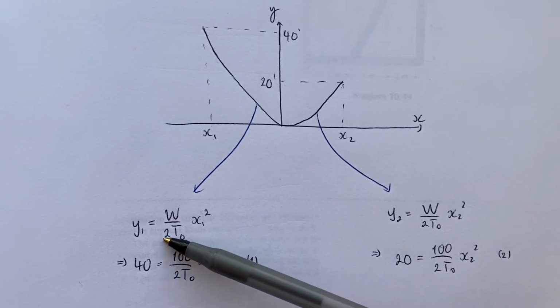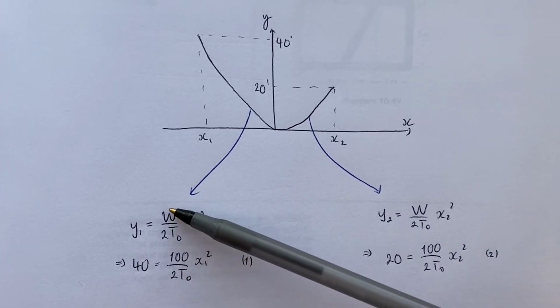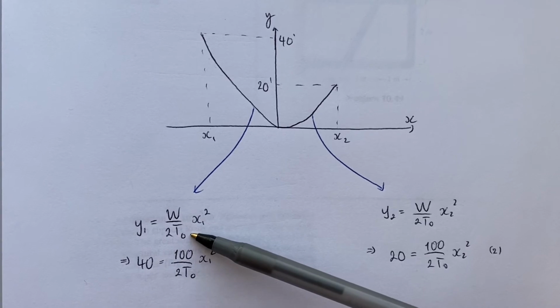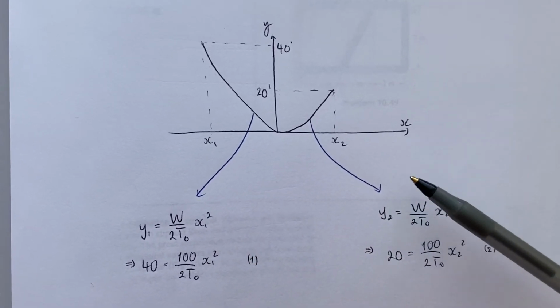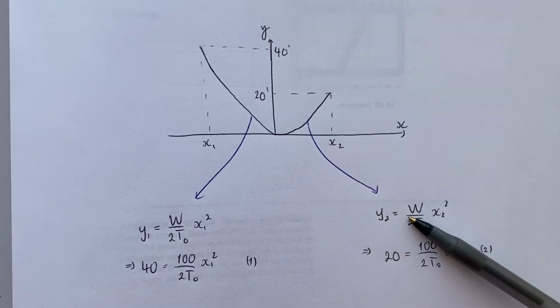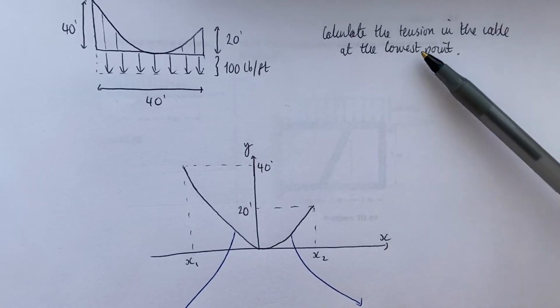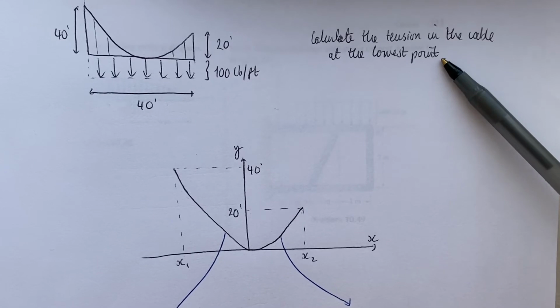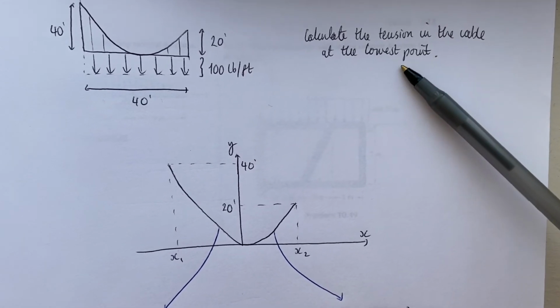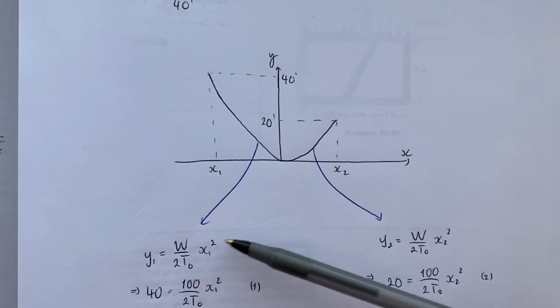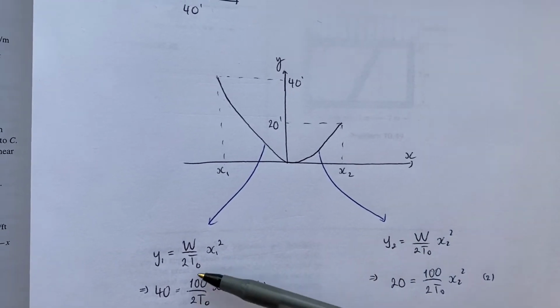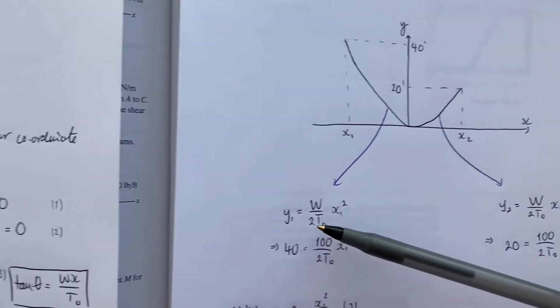I've said y1 is the weight over 2T0 multiplied by x1 squared, and on the right hand side the same but with x2 squared. Remember, what I'm asked to find here is the tension at the lowest point, and that's what I'm calling T0, right? So ultimately these T0s should be the same, and that's what I'm trying to find ultimately.